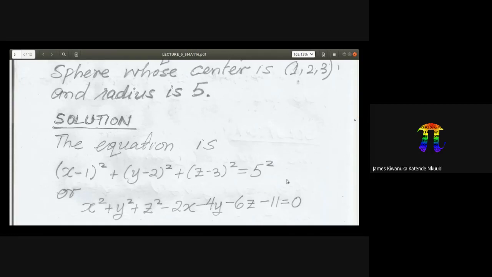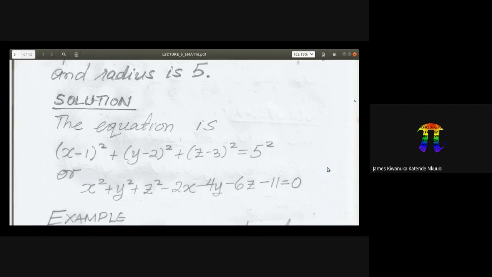If you like, you can expand it and you have it in this form. Both of them are correct, either this equation or that equation. There are situations where you may need to put it in this form, if you need to do any further calculations. But any of the two will work. Any of the two is correct as the equation of the sphere.